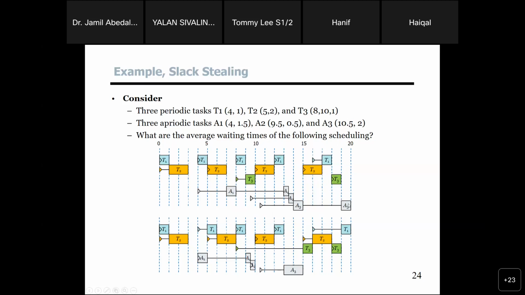Okay? Who can tell me where is the scheduling with slack stealing and where is the scheduling without slack stealing? Who can tell me which one? You see here we have 2 types of scheduling. The first one and the second one. Which one with slack stealing, which one without slack stealing?